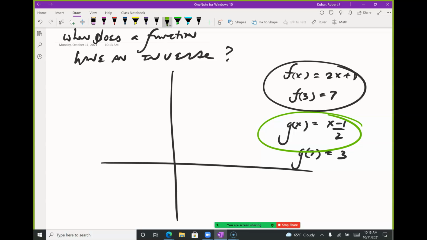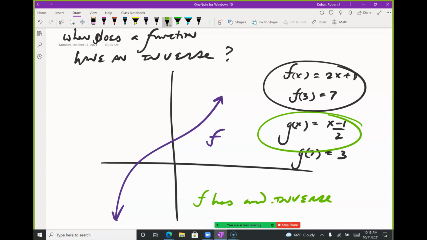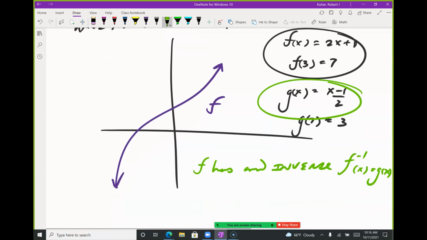So it turns out that we say f has an inverse, f to the minus 1 of x, which I'll call g, if f is 1 to 1.